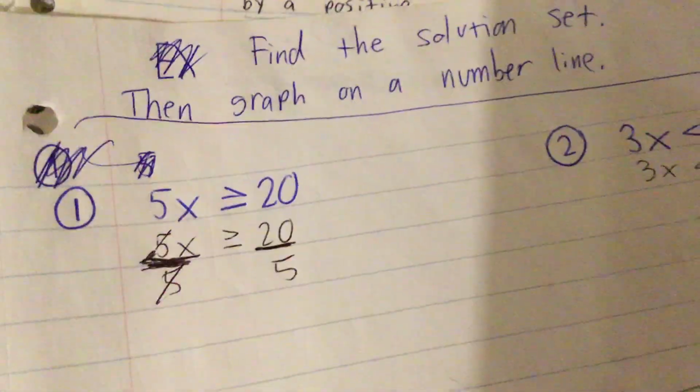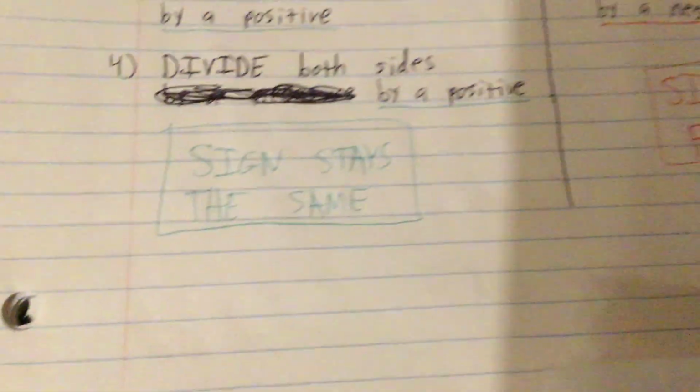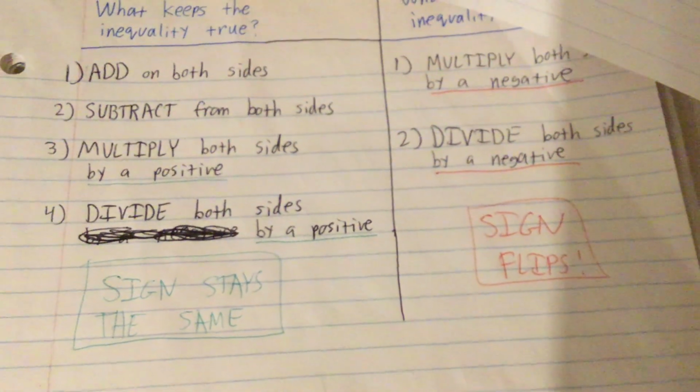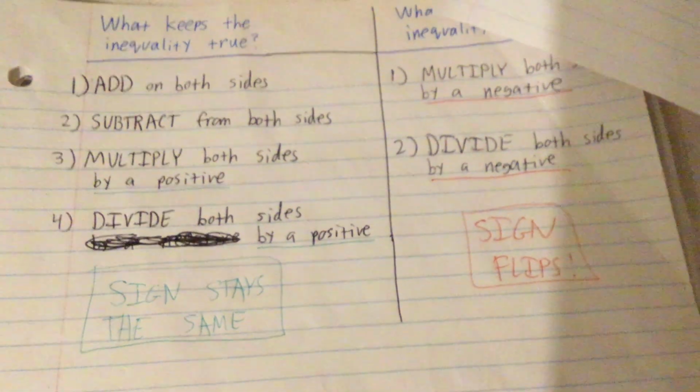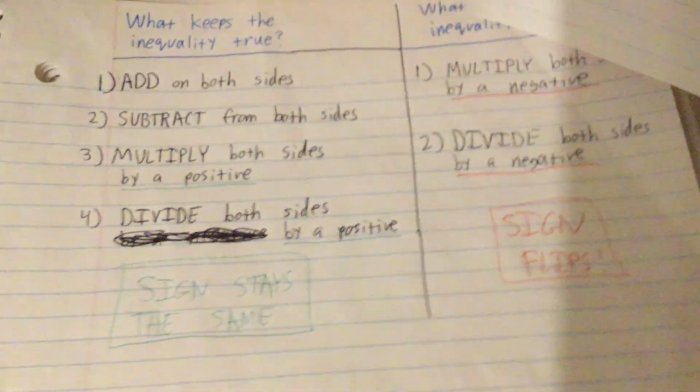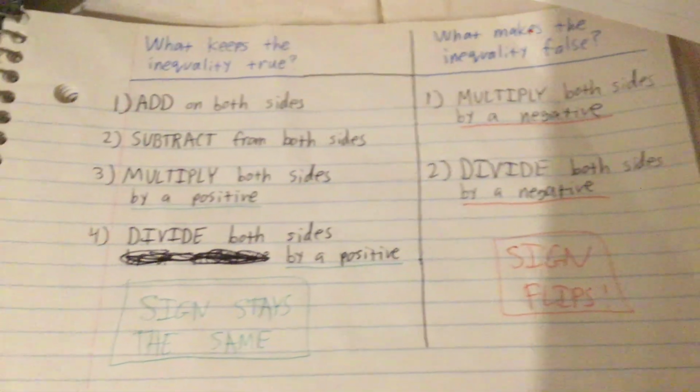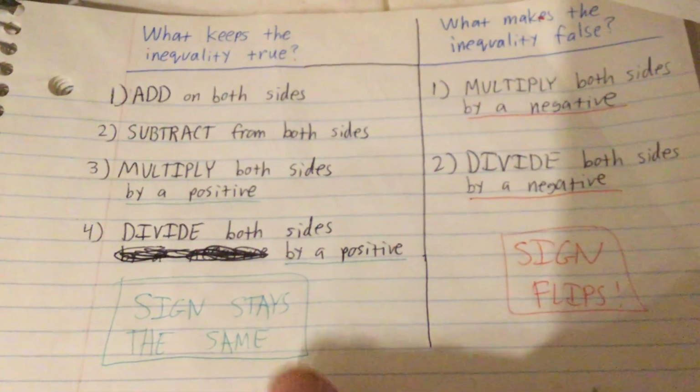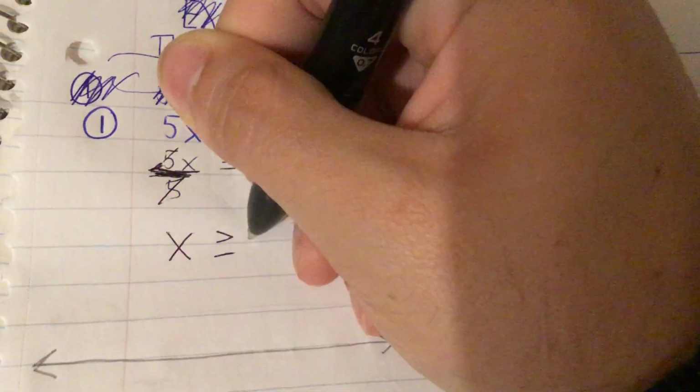So now I've divided both sides. Let me just make sure. If I divide both sides of the equation by 5, did I divide both sides by a positive or divide both sides by a negative? I divided both sides by a positive, therefore the sign stays the same. So therefore x is still greater than or equal to 4.